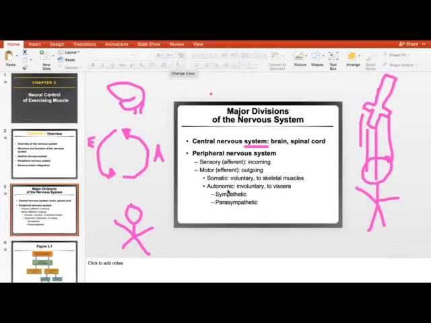And these autonomic nerves are either sympathetic or parasympathetic. So sympathetic, S, and parasympathetic.